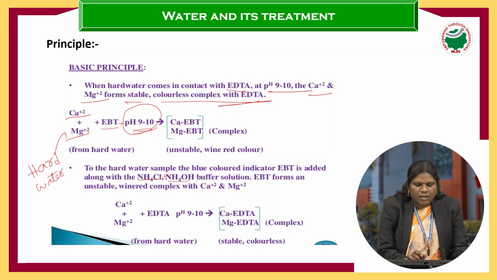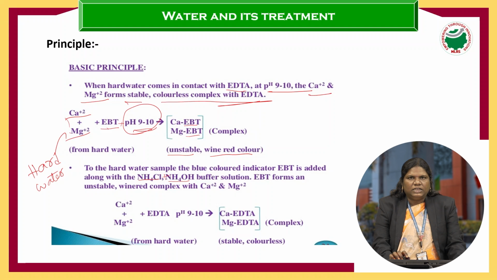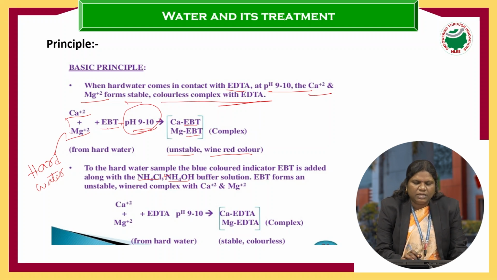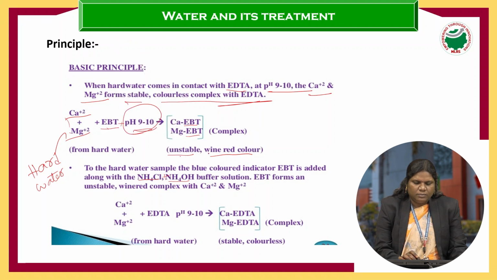The calcium and magnesium ions will form a complex with the EBT indicator. It is an unstable complex and the complex color is wine red. The complex formed between the calcium and magnesium and the EBT indicator is an unstable complex, and the color of the complex is wine red.